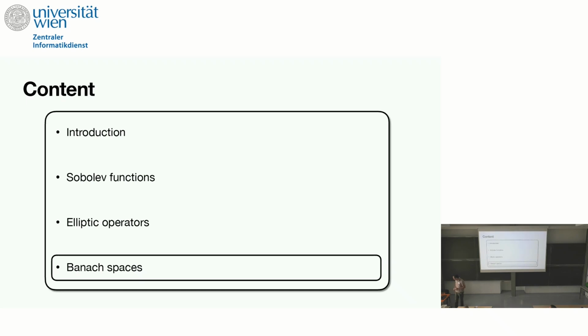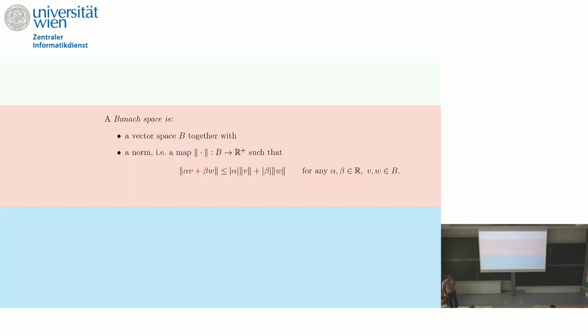Okay, so what do we do? If we don't have complete objects when we work in the non-smooth setting, that's hard to work on. So I want to make a proposal. And the proposal is the following. A Banach space, we all know what it is. It's a normed space.